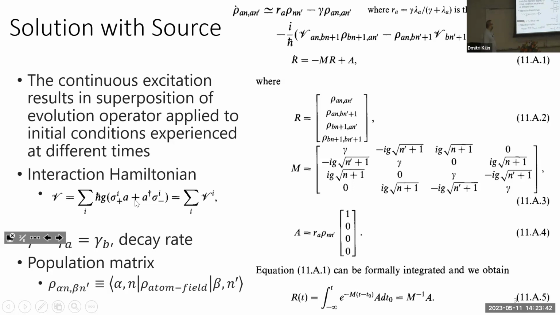And then off to the side, we have the equation of motions for the population matrix here. The major thing we note is that we can solve it into the integratable form.